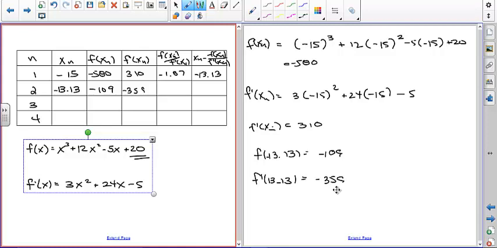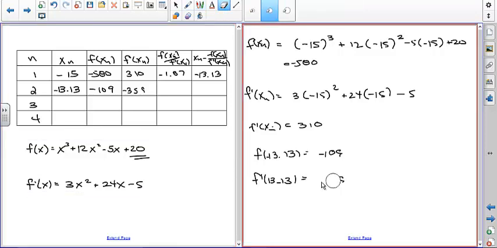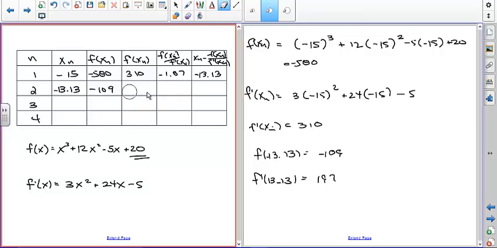Okay, squared, I get positive. So this is wrong. This is 197. Has anybody confirmed I did this correctly yet? Yeah. Okay, good.